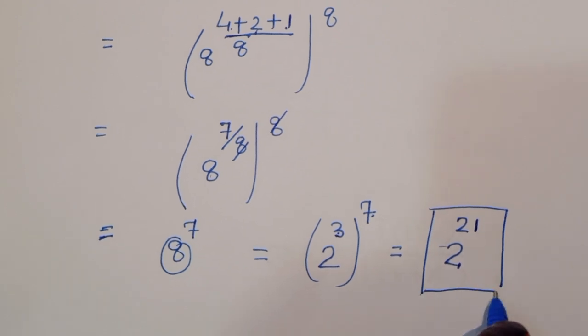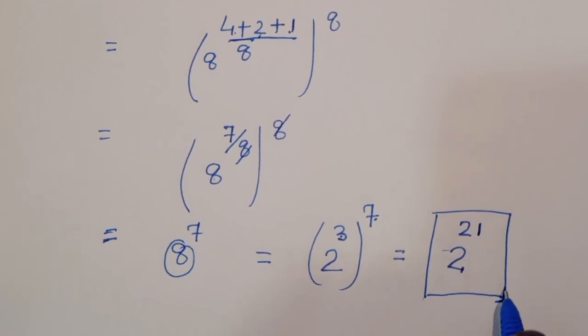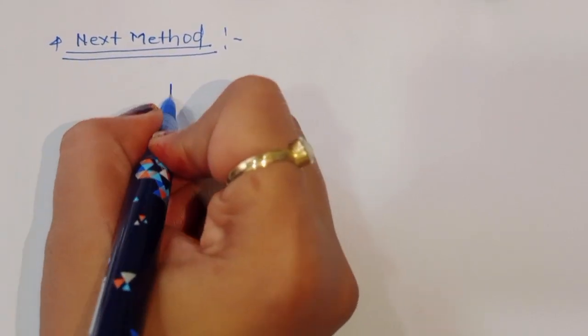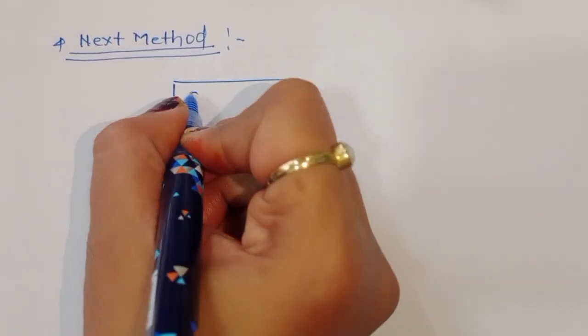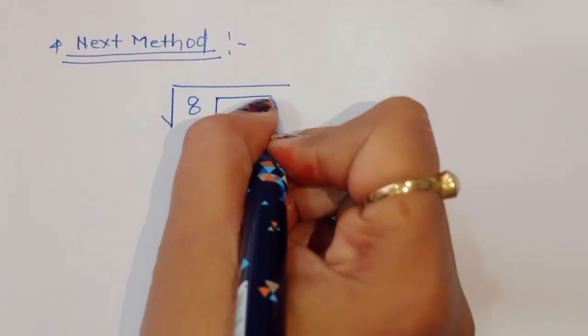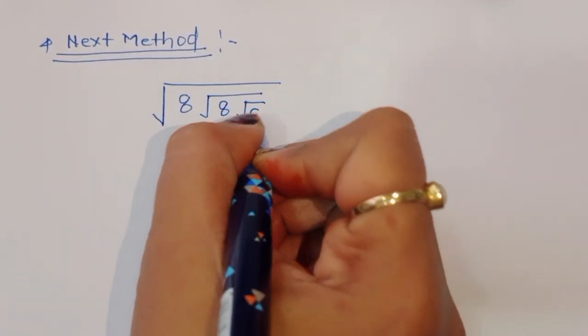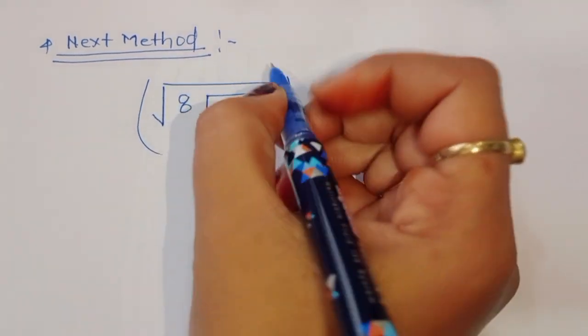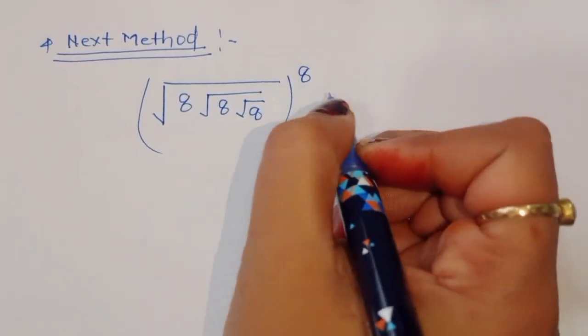Now we are using the second method. First we take the question: square root of 8 under square root of 8 under square root of 8 power 8, right? This is the question.